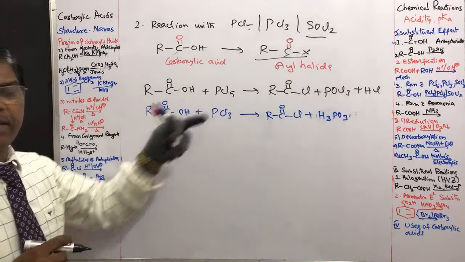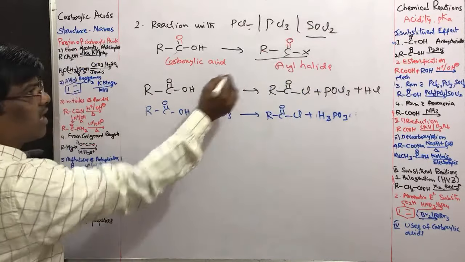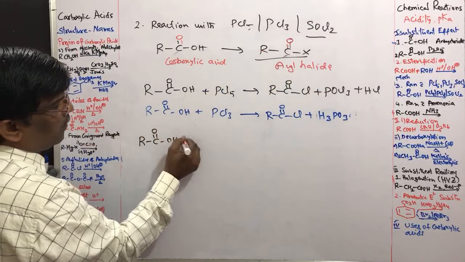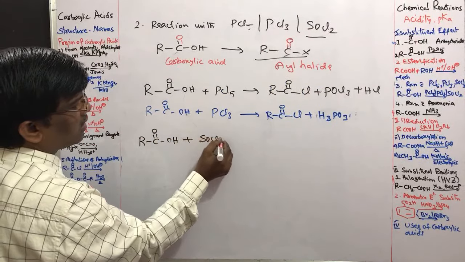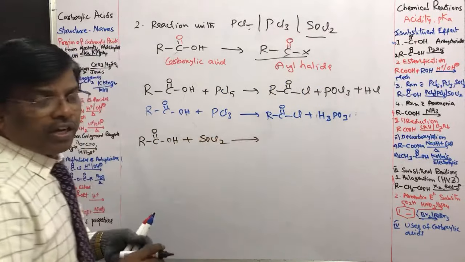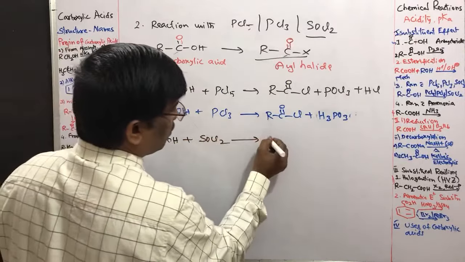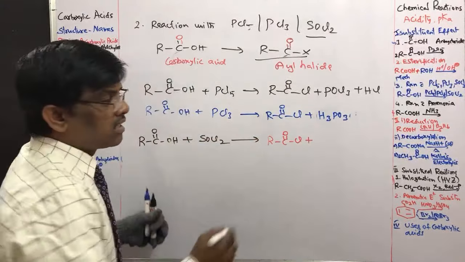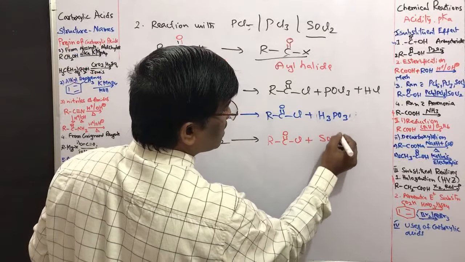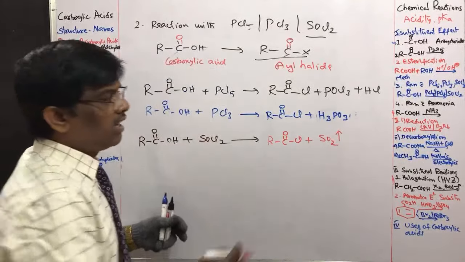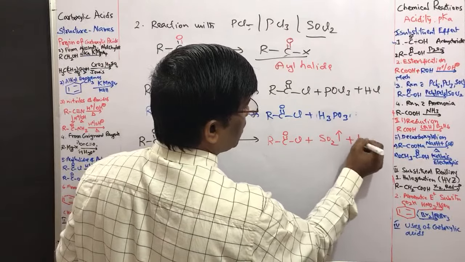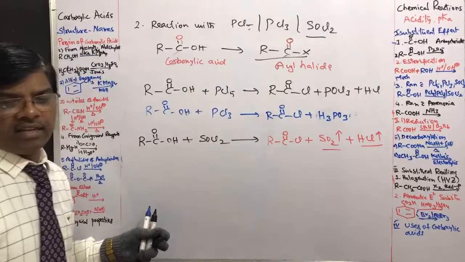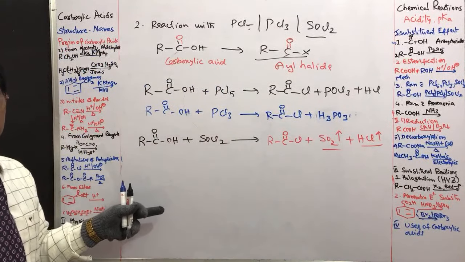Thionyl chloride is a liquid, and when I treat the acid with thionyl chloride, I am going to get acid chloride, RCOCl, plus sulfur dioxide, which is volatile and is not going to stay in the reaction mixture, and HCl, which is also going to leave as gas.